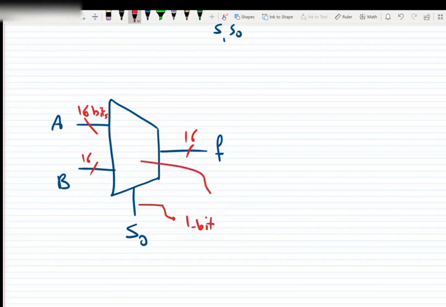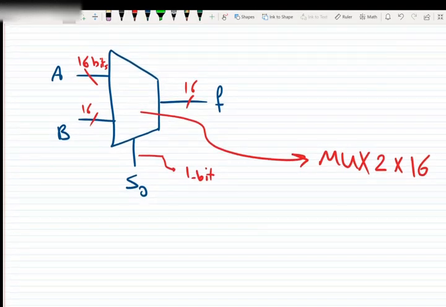If we want to label this multiplexer, we say this multiplexer has 2 groups of input. Each input is 16 bits. So we say the multiplexer is 2 by 16. Okay, so now we know how to label multiplexers.